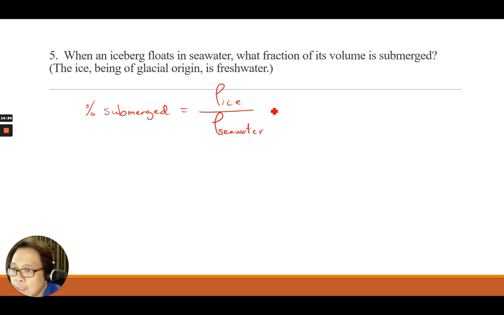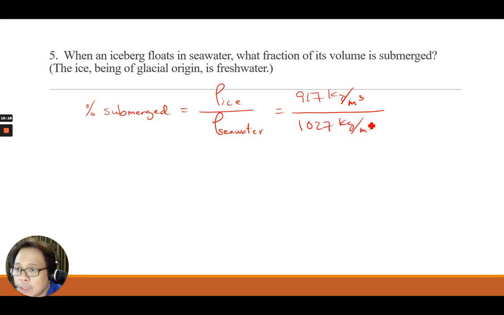We have to look at the density. So the density of ice is given in page 145 of your textbook. It's 917 kilogram per cubic meter. And for seawater, it is 1027 kilogram per cubic meter.